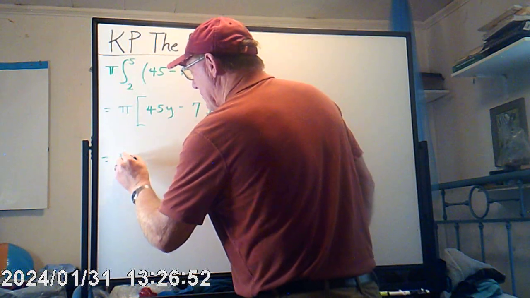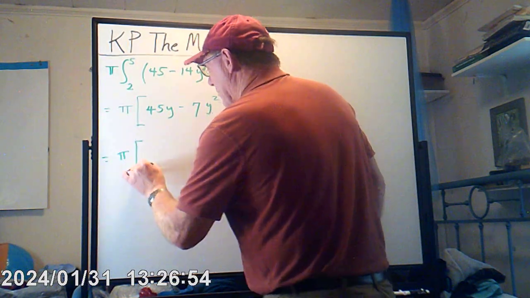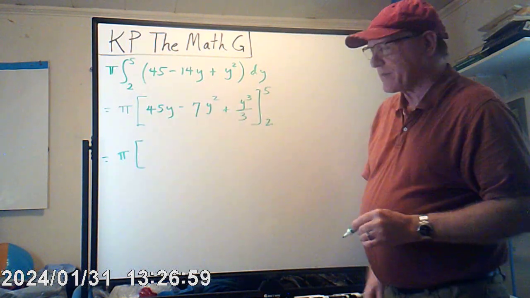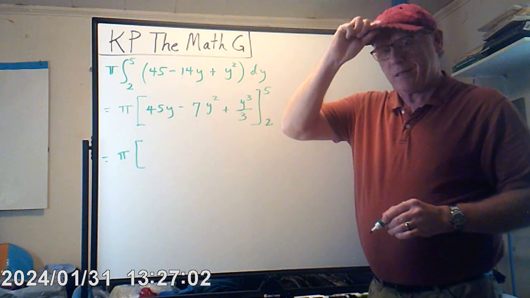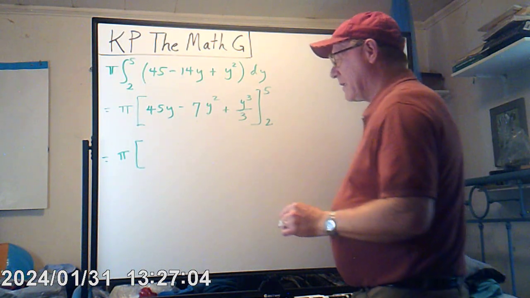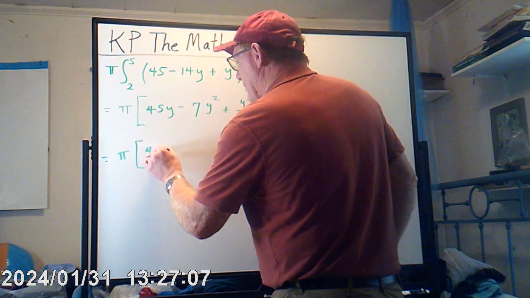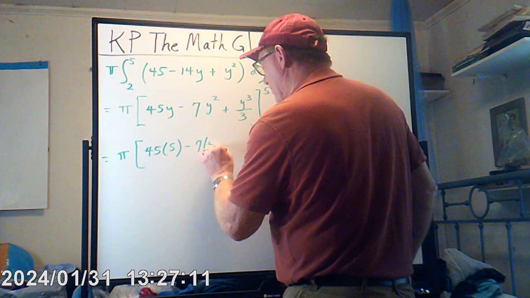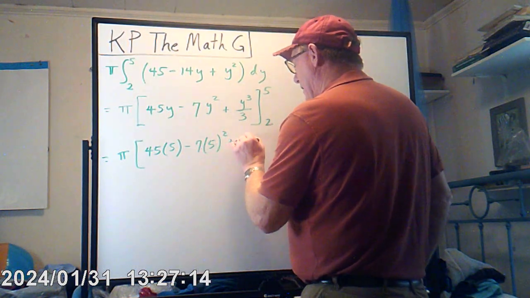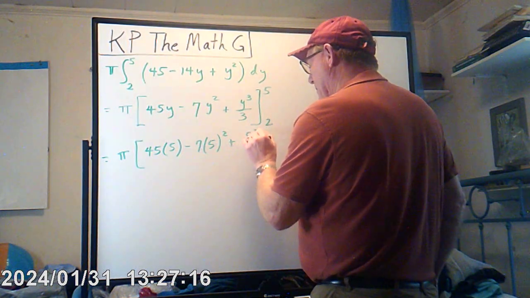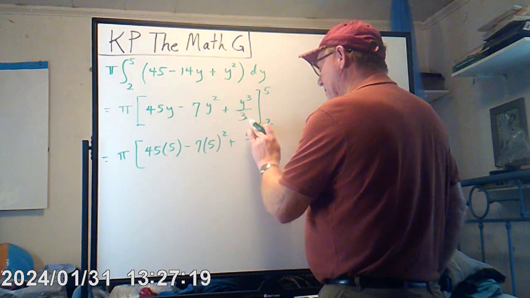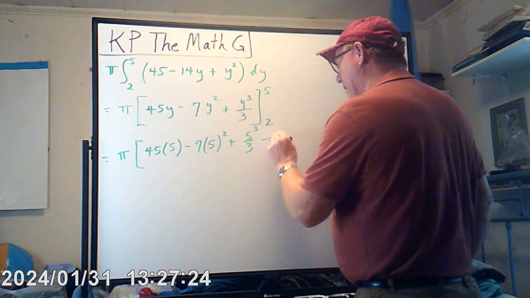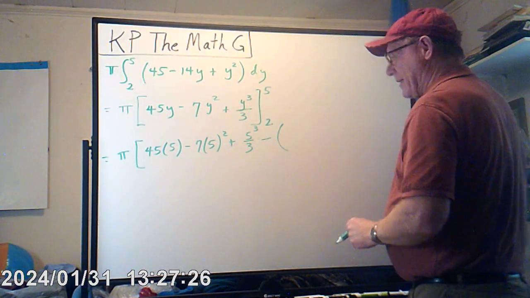That's okay. Pi. Now on your calculator you're not going to probably have a y, but you can still put the x in and still get the same result. Alright, there you go. So let's see, 45 times 5 minus 7 times 5 squared plus 5 cubed over 3 minus sign. Now look, parentheses.